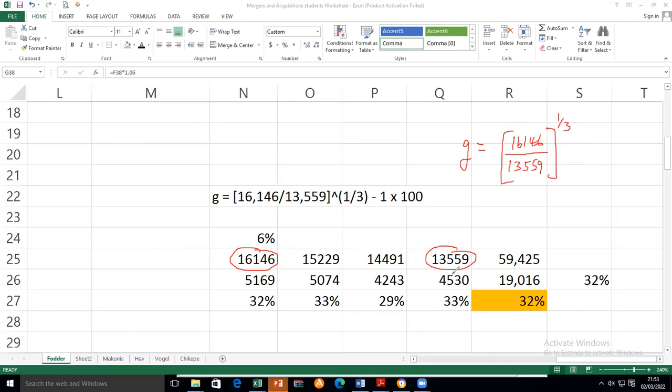Why the 3? The growth has taken place. That is 1. That is 2. And that is 3. So this is the 3 that we have here. Then you subtract 1 and multiply by 100.